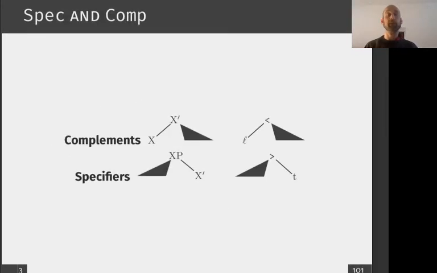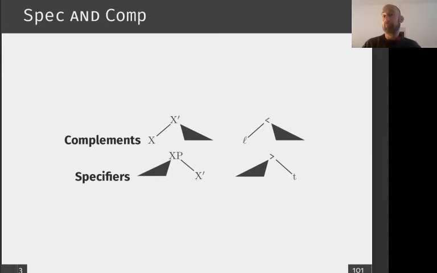Okay, so specifiers and complements. Complements used to be the non-projecting daughter of X-bar, and specifiers used to be the non-projecting daughter of XP.